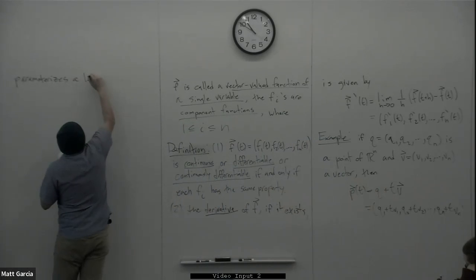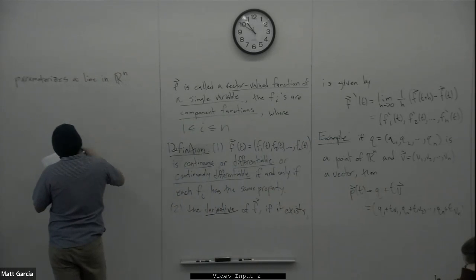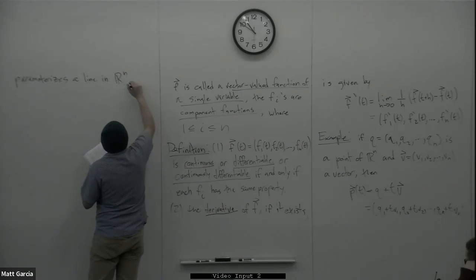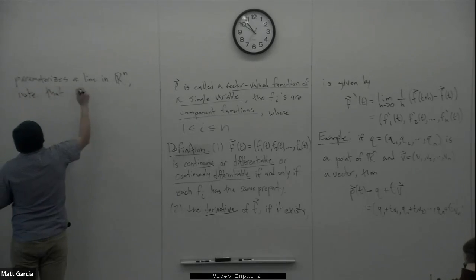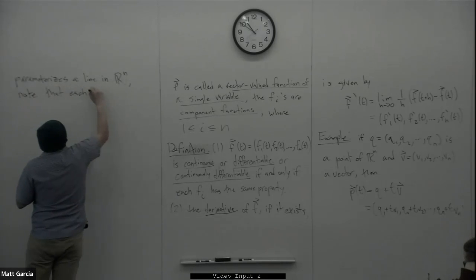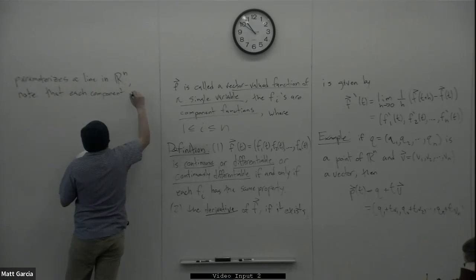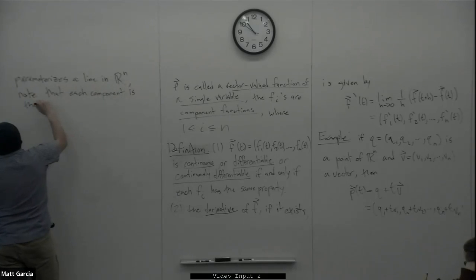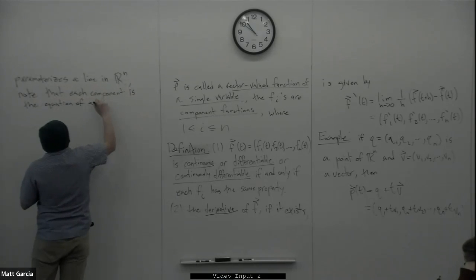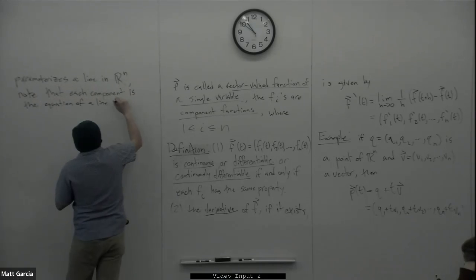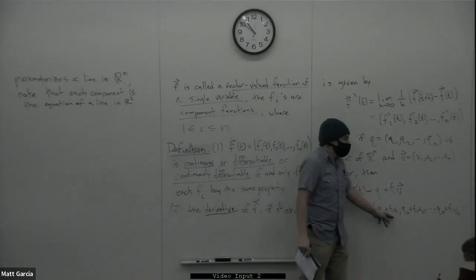Note that again, each component is the equation of a line in R2, that is to say, of a single variable t.